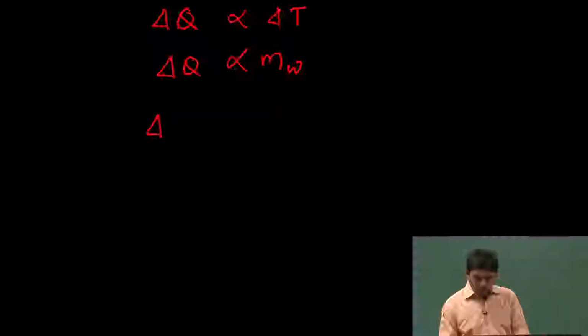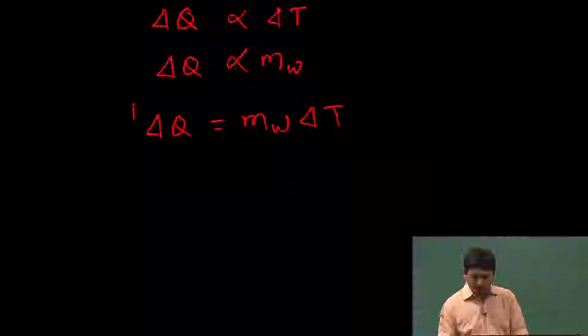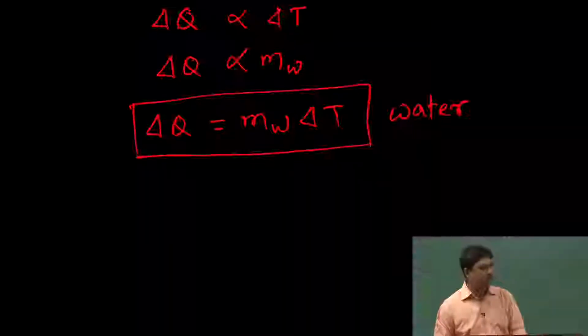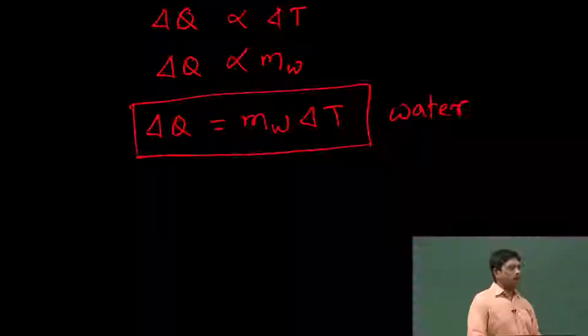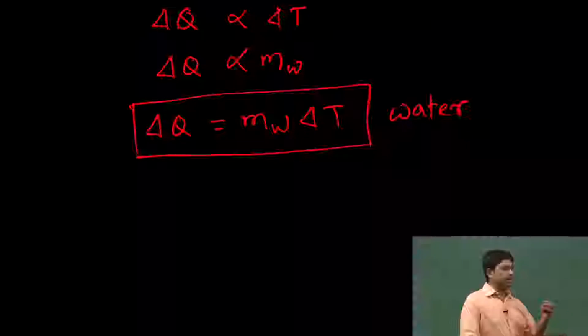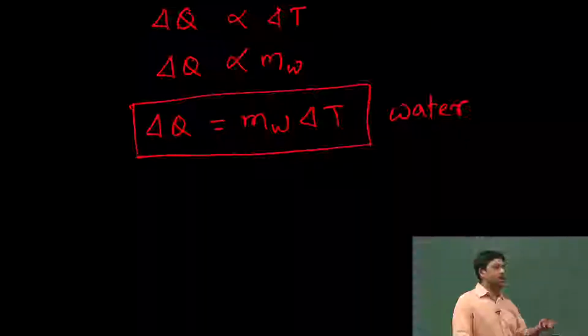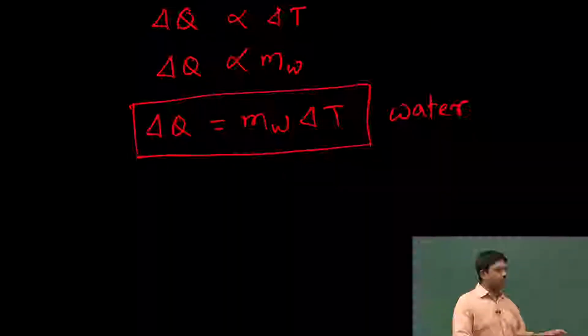Now, it turns out that these are the two quantities that the heat will depend on, mass of water and the temperature of water. So, given these two things, by knowing how much water is taken into consideration and how much temperature increase has happened, one can estimate the amount of heat.